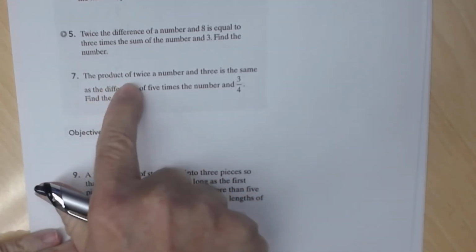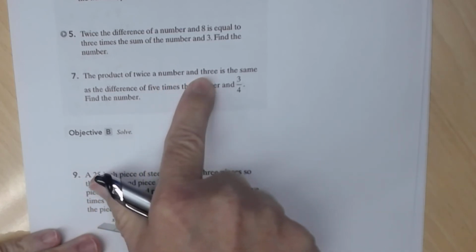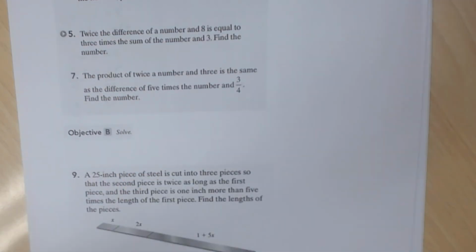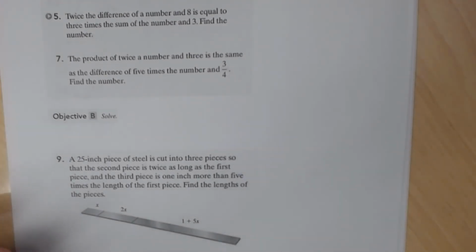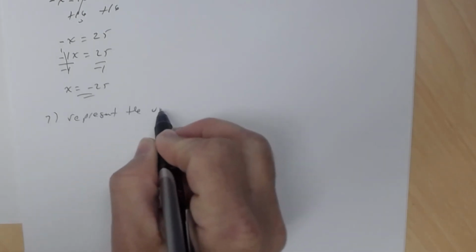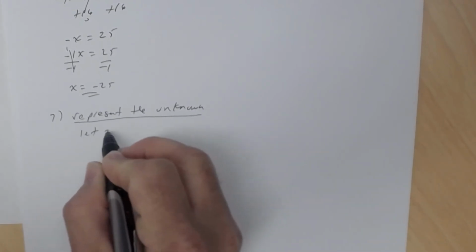So the product of twice a number and 3 is the same as the difference of 5 times the number and 3/4. So you're going to represent the unknown. You're going to let x equal the number.